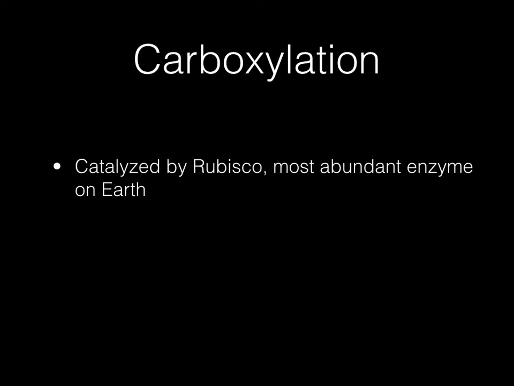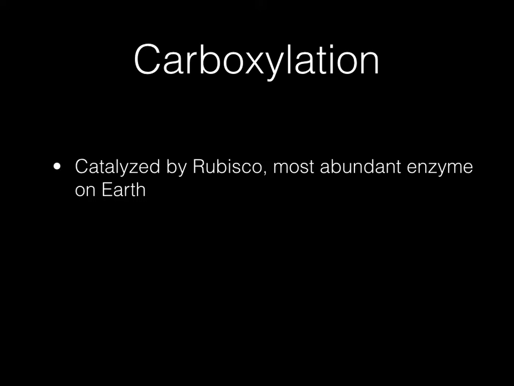This is, again, joining a carbon dioxide from the atmosphere onto an already existing substrate in the Calvin cycle, a metabolic cycle, and that already existing substrate is a 5-carbon, really highly reactive molecule that receives the carbon dioxide.